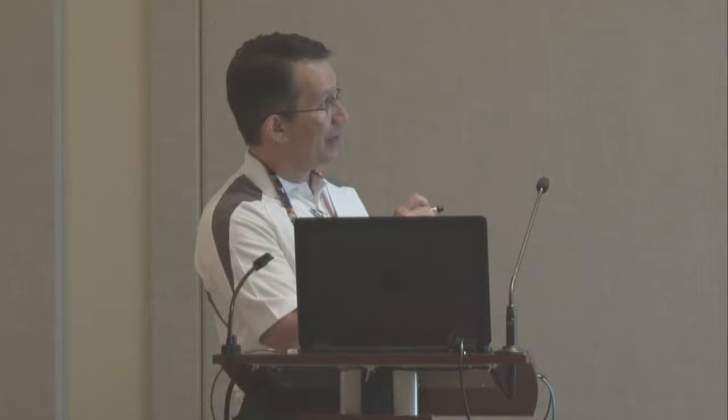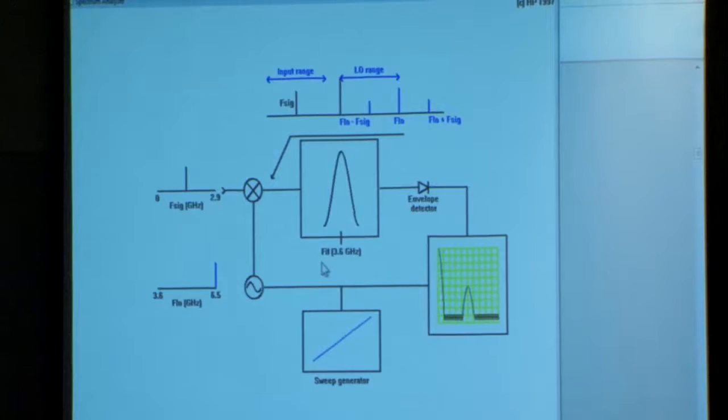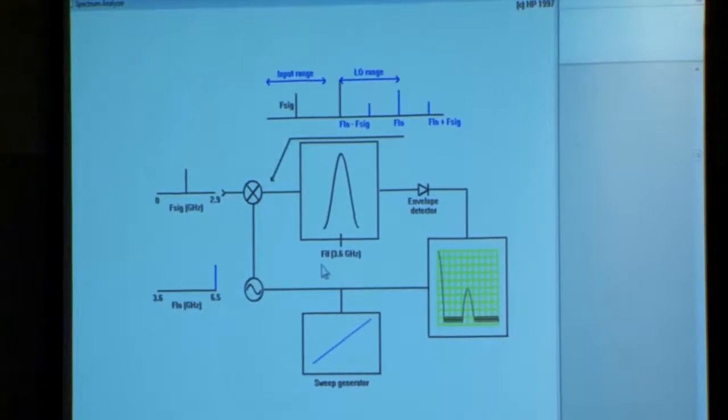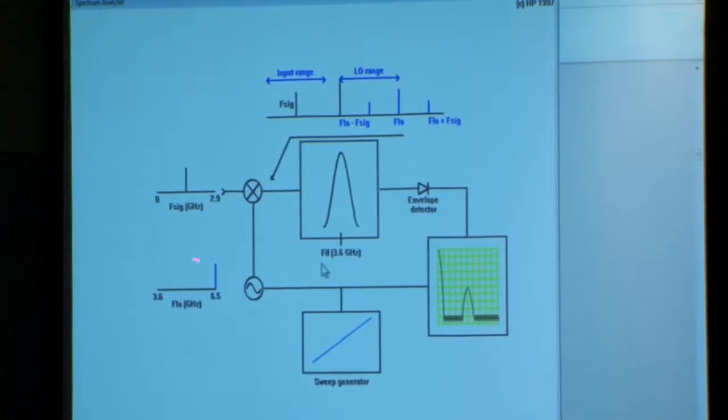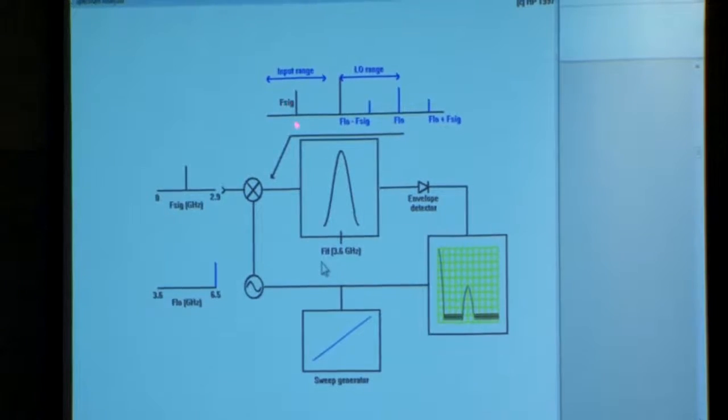So basically, this is the signal we want to look at. It's stationary. Here we're looking at the LO. Instead of sweeping the filter, we keep the filtering fixed and sweep the LO instead, and the output of the mixer is all these different frequency products.